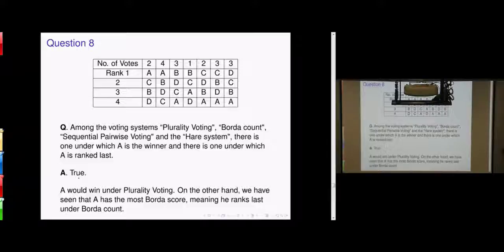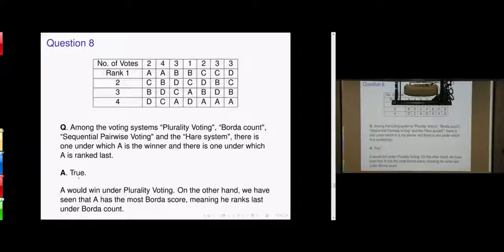Hopefully that's right. A gets 6 votes here, B gets 4, C gets 5, D gets 3. Luckily A wins under plurality. So under plurality, A is first, and under the Borda count, A is last.